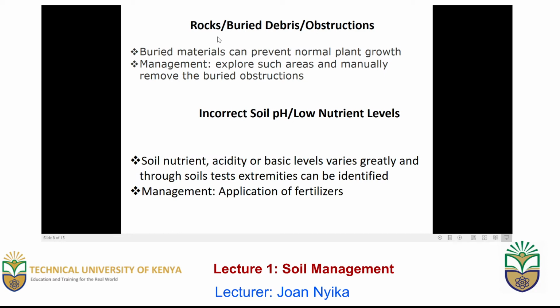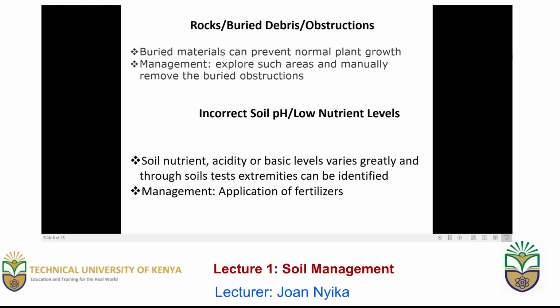The next problem we will look at is the presence of rocks, buried debris, or obstructions. This occurs in areas that have been previously used for other purposes. For instance, areas that have been used as landfills or dump sites have remains of solid waste, and these could be obstructions to plant growth. What we can do in such a scenario is to explore the areas we know have those obstructions and manually remove them.